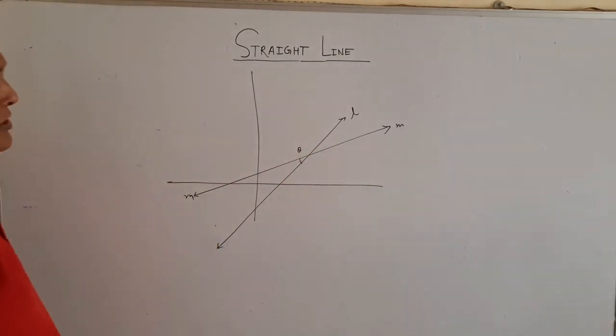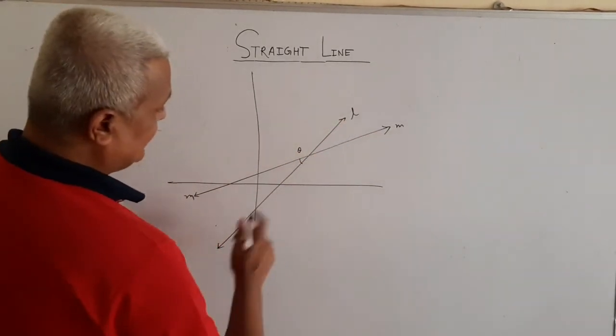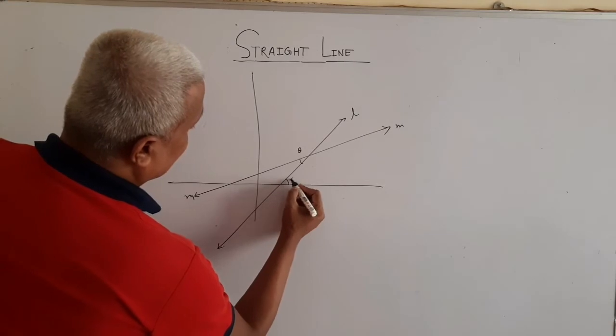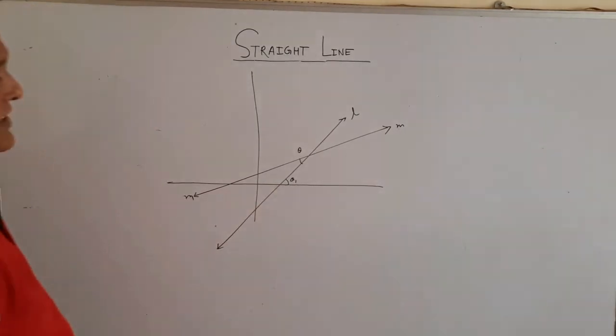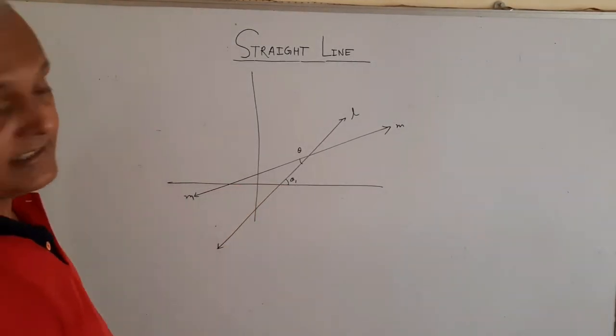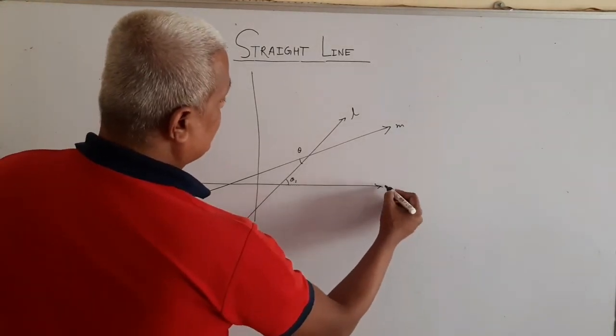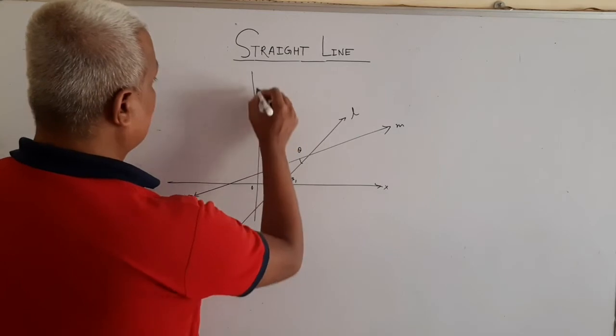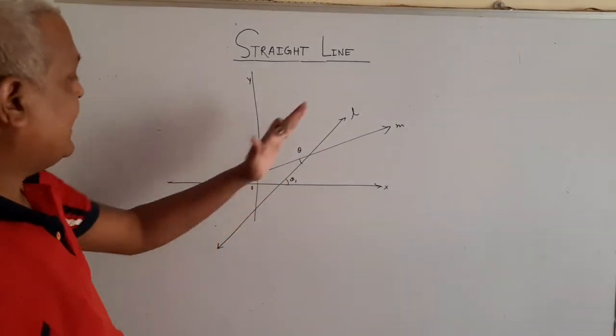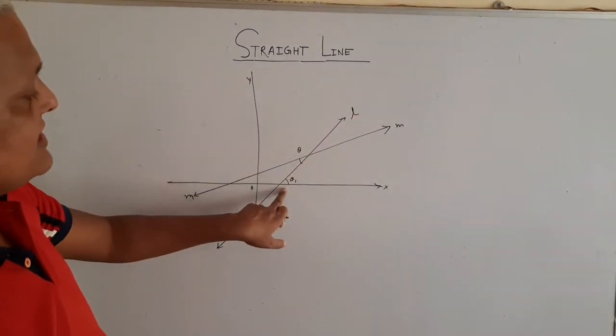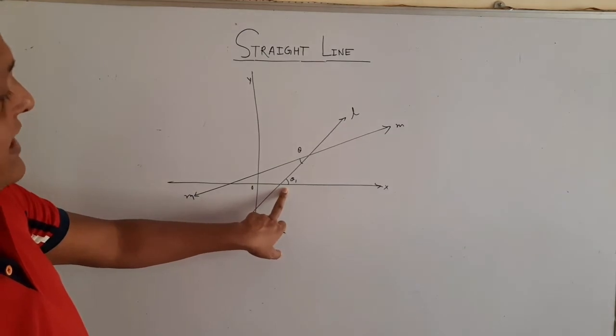So now suppose this is line L1, making angle theta 1 with the positive direction of x-axis. This is x-axis, this is O, this is y-axis. So the line L is making angle theta 1 with the positive direction of x-axis.